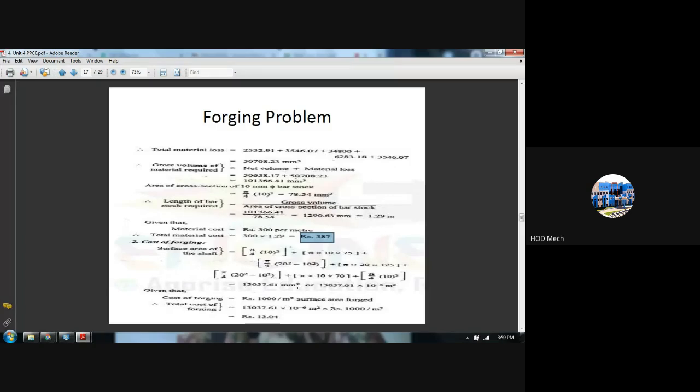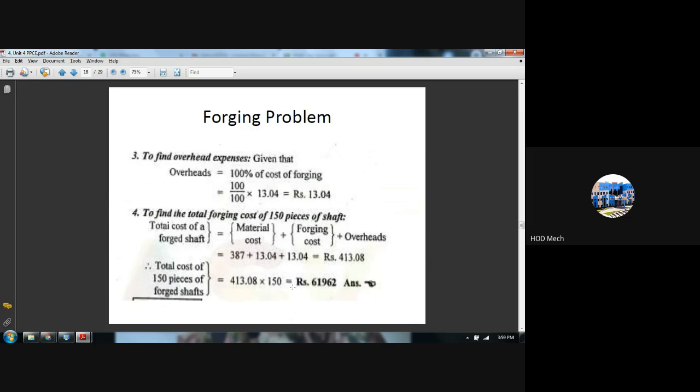Material cost of forging one shaft 13.04. Overhead cost of one shaft 13.04. So 387 plus 13.04 plus 13.04. So ஒரு shaft forge பண்றதுக்கு உங்களுக்கு ஆகிற செலவு 413 rupees.